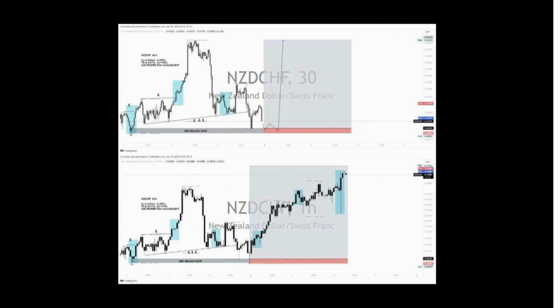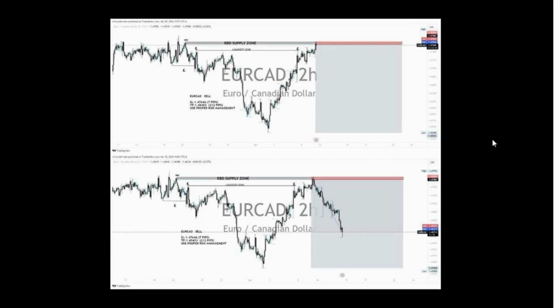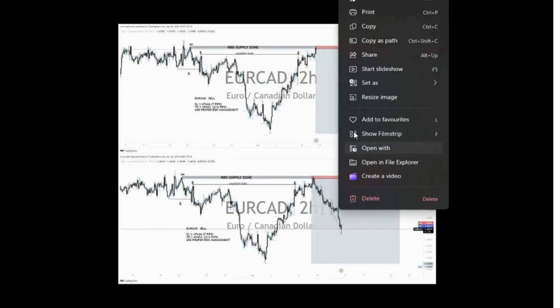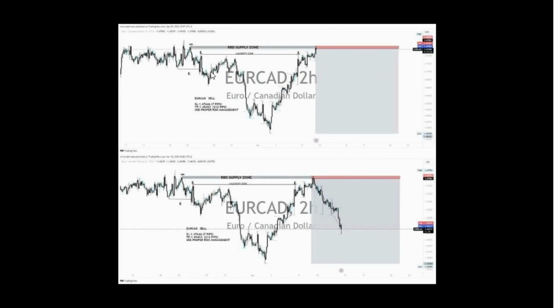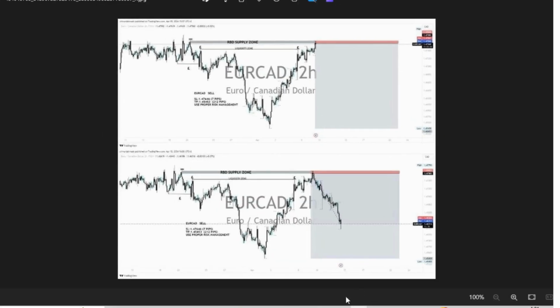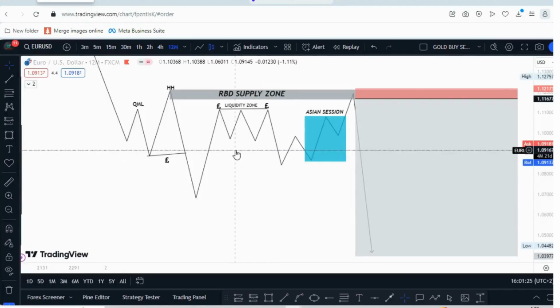I've even lost count. I've shown you over 20 examples of the trades we've taken using this strategy, and if this is not proof enough, then I have no idea. If that doesn't show you that this strategy actually works, then I have no idea.